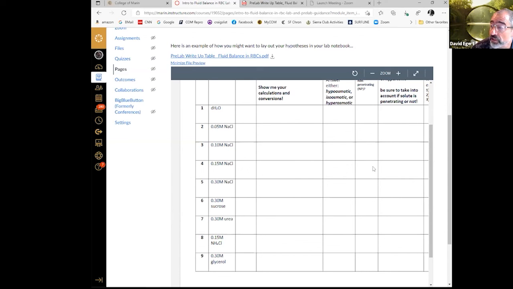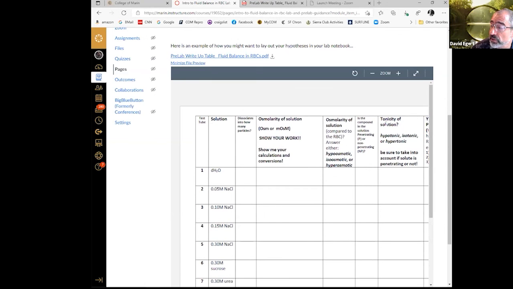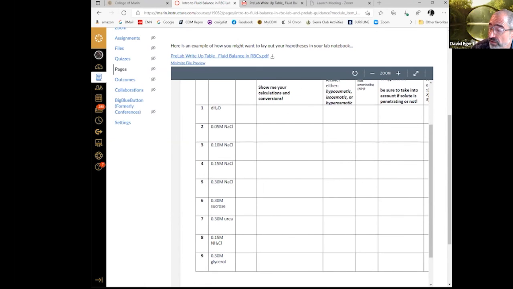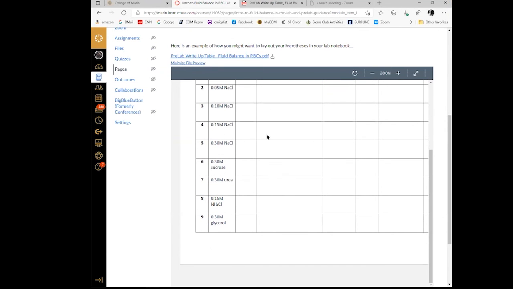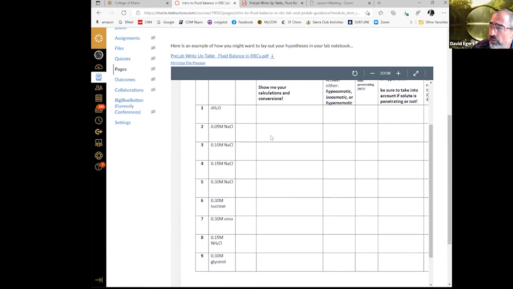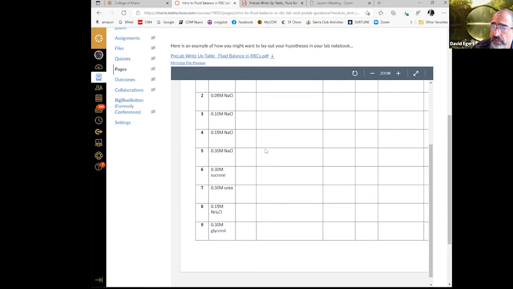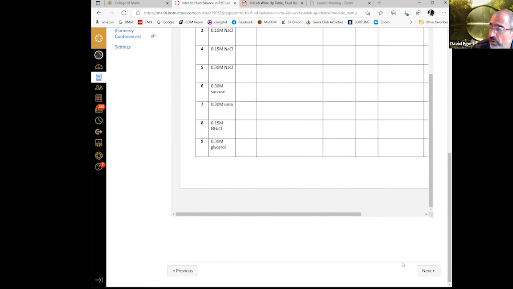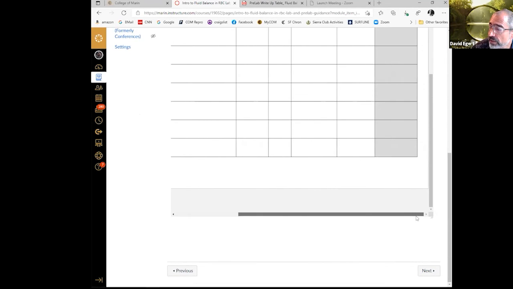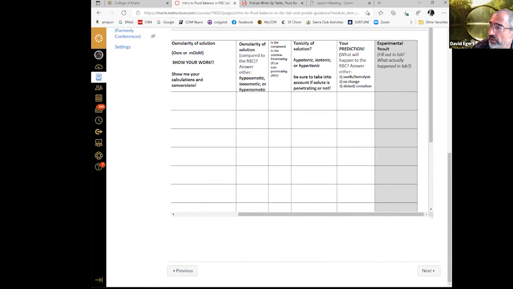Right, and then our dependent variable is ultimately going to be what? The solution? No, the solution is osmolarity. No, that's going to be part of our calculations to figure out. Tonicity? The type of the red blood cell?